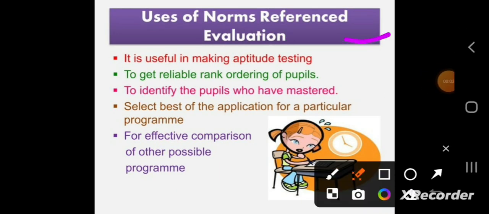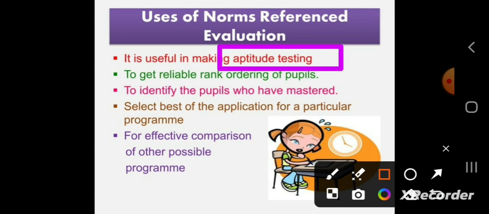Uses of norm-referenced evaluation. Aptitude testing. It is widely used in aptitude tests to determine an individual's capability in comparison to others. It helps assess where an individual stands in terms of skills or abilities.